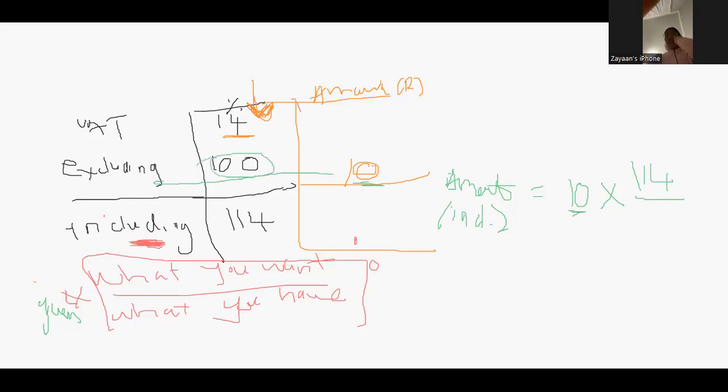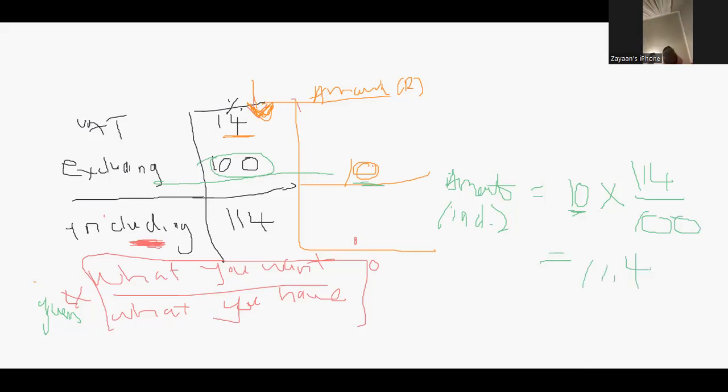So you put 100 there. So you must say 10 times 114 over 100. You put it in the calculator and it's going to give us 11,4. Well done.